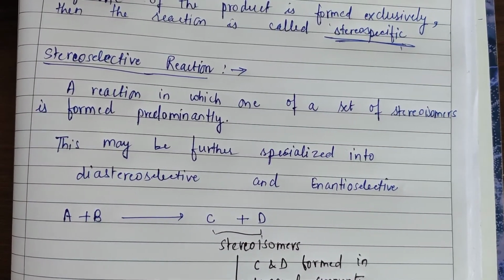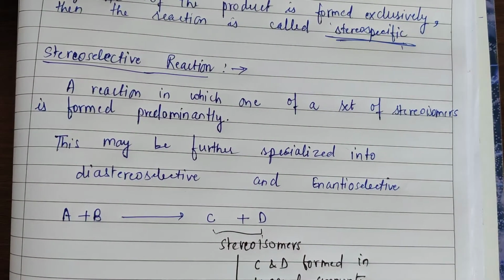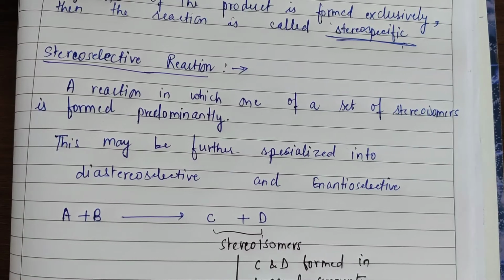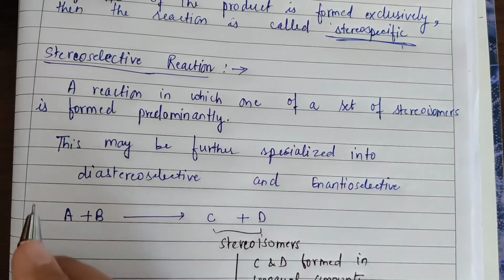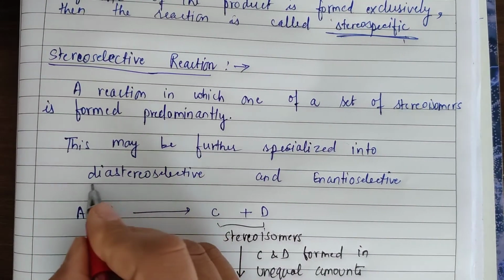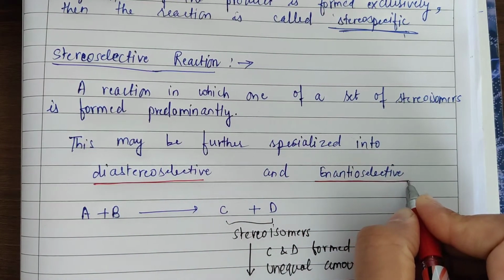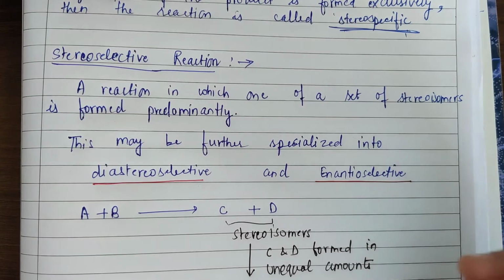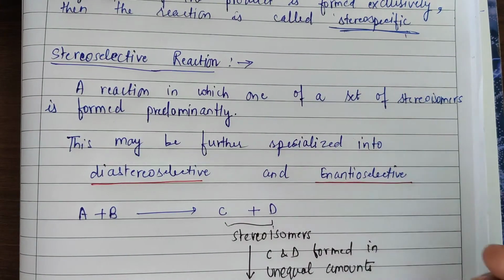Now, if we have to define a stereoselective reaction, we can say that a reaction in which one of a set of stereoisomers is formed predominantly can be called a stereoselective reaction. We can further specialize them as diastereoselective or enantioselective. That depends upon whether it is a diastereomer or an enantiomer that is being produced selectively.